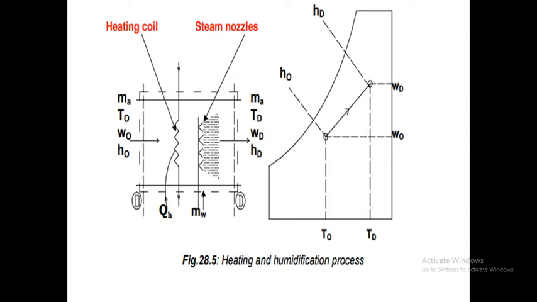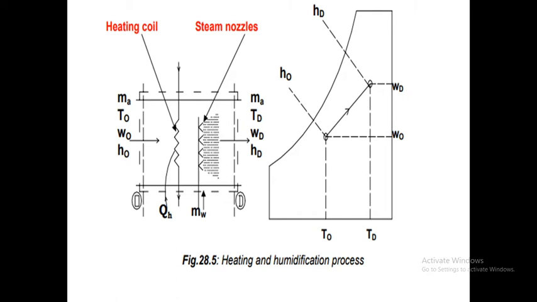At the initial condition, the temperature, moisture content and enthalpy are T0, W0 and H0, whereas at the final condition, the temperature, moisture content and enthalpy are TD, WD and HD. The right side figure shows the heating and humidification process represented on the psychrometric chart.